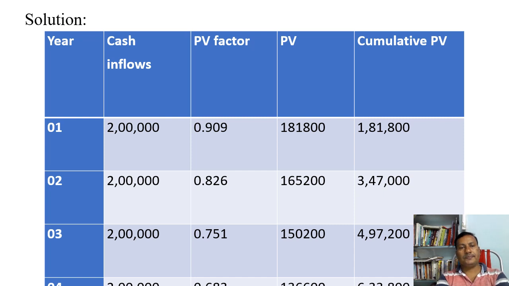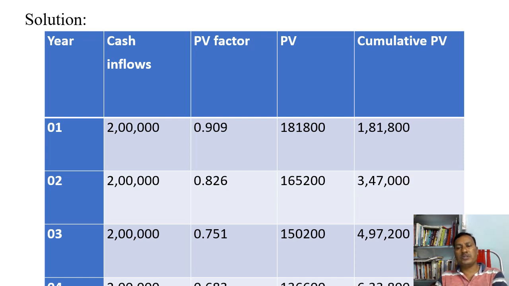So the solution: here you have to make columns. First, whatever information is given, you have to write it. The first is year. If they give the year, you should write the year, or else just write the numbers 1, 2, 3, 4. Then cash inflow, PV factor, and the present value.